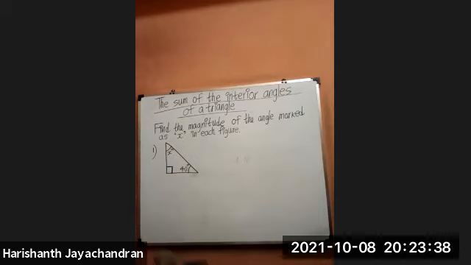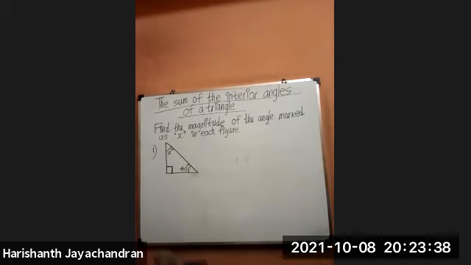So the sum of the interior angles of a triangle is 180 degrees.